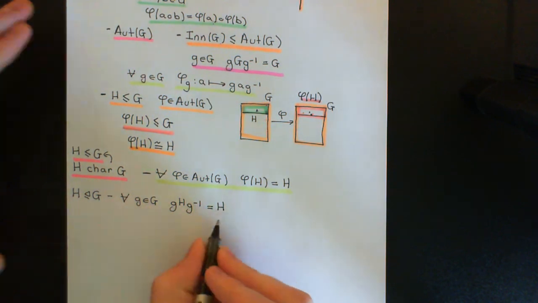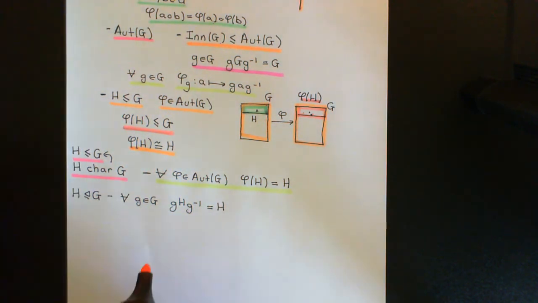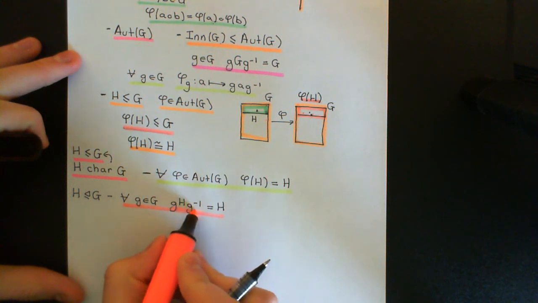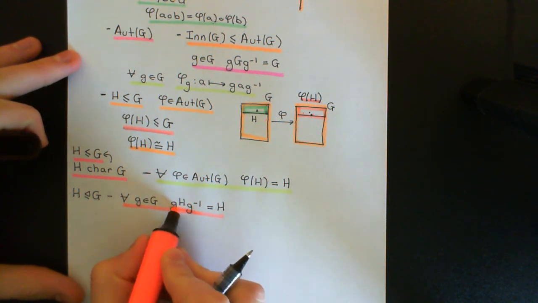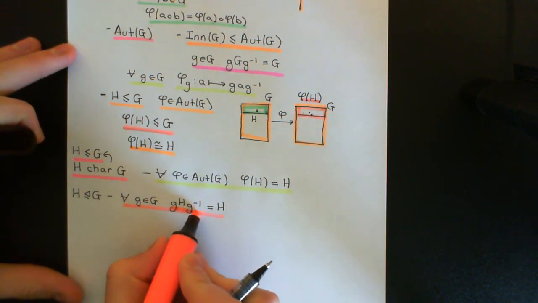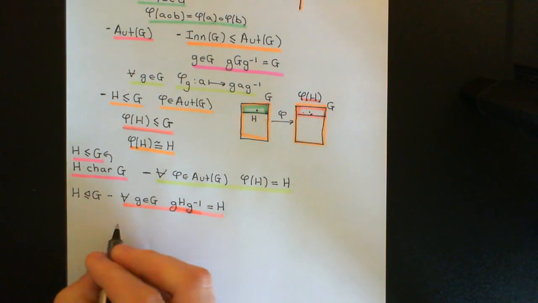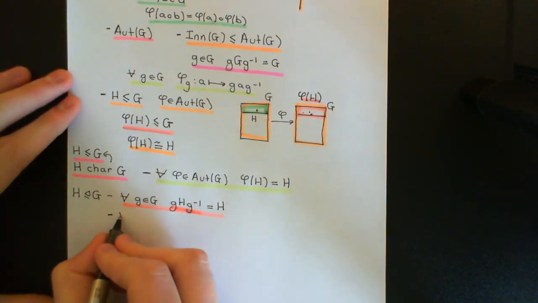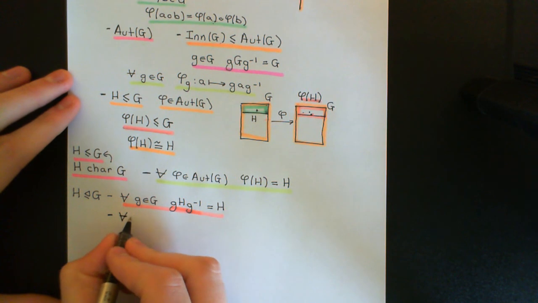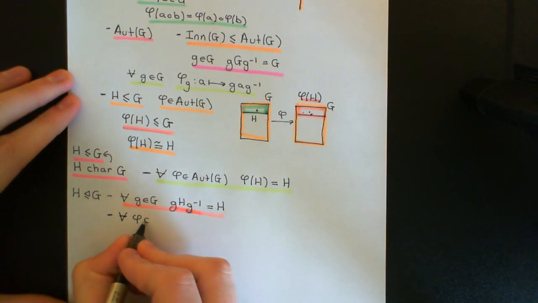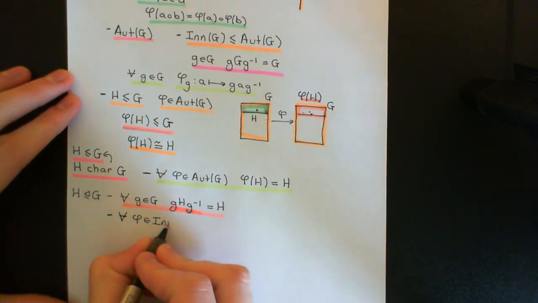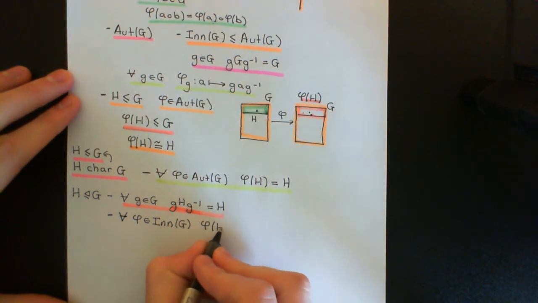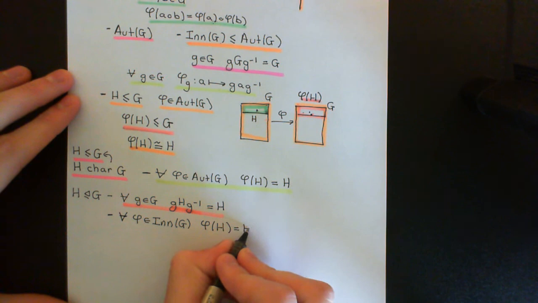Now let's write that in a way that we have never written it before, because look at what we're saying here. We are conjugating H by this element g. That is an inner automorphism of the group capital G. So effectively the normal criterion, although we've never written it in this way before, is saying that for all automorphisms which are inner automorphisms of G, if you act that inner automorphism on H, you must get H back again.